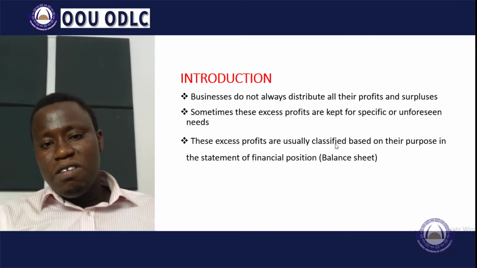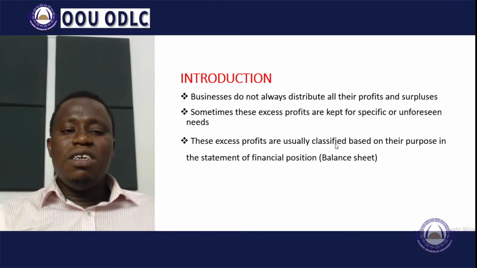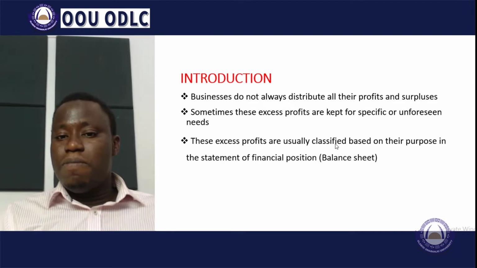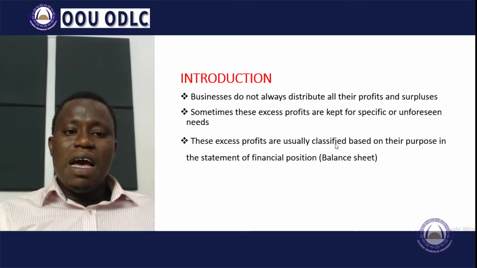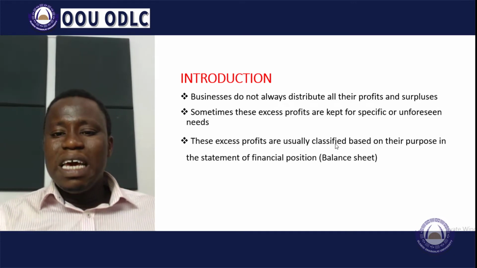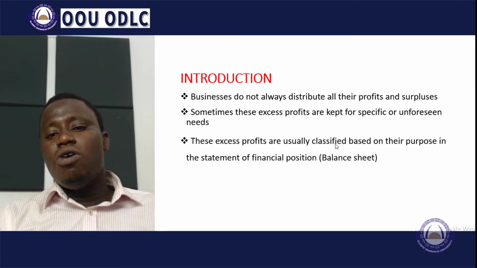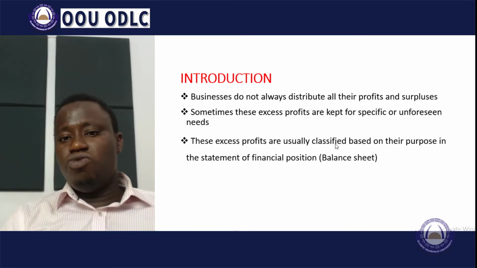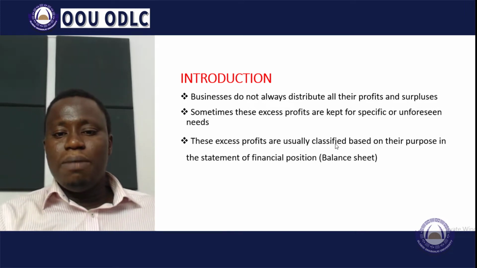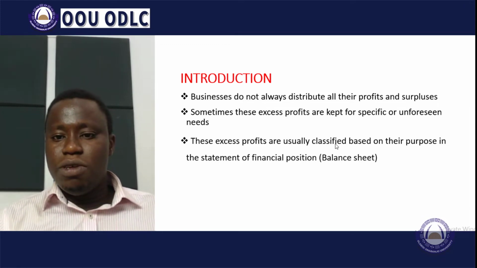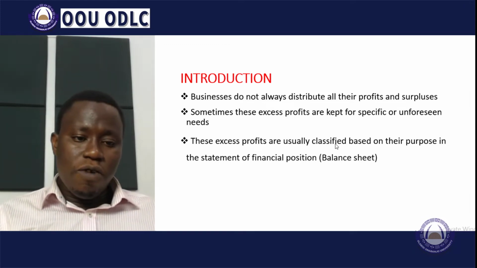But in some cases, these organizations do not distribute all of their profits or surpluses, and these excess profits are usually kept for specific or unforeseen needs. That is, the profits that are not distributed to members are usually kept for a specific reason or for a reason that is yet to be known, which will usually be unforeseen.